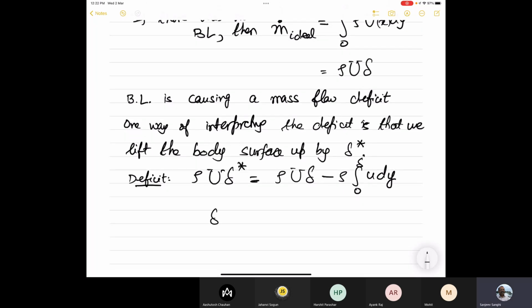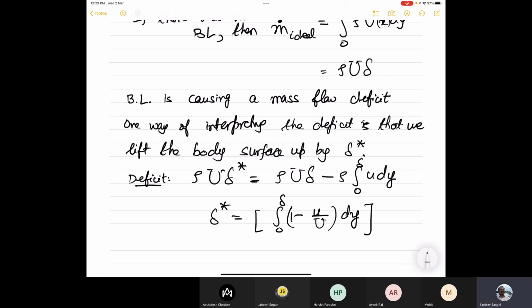And from here, delta star will be equal to the integral of 1 minus small u upon capital U dy. Things which do not depend on y, I can take in and out of the integral. So that is what I have done here, and this is how we have defined the displacement thickness.